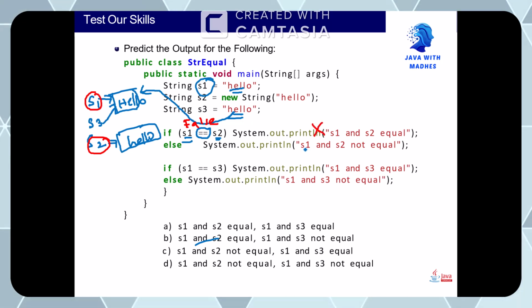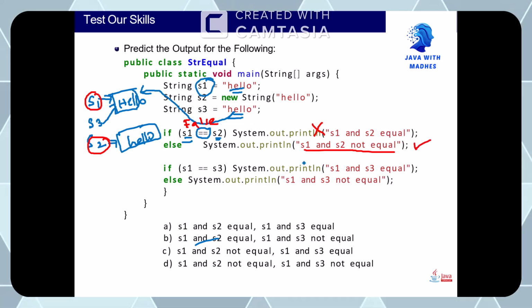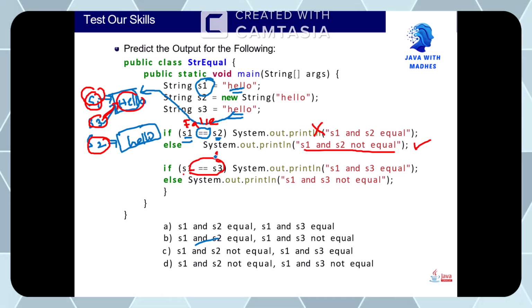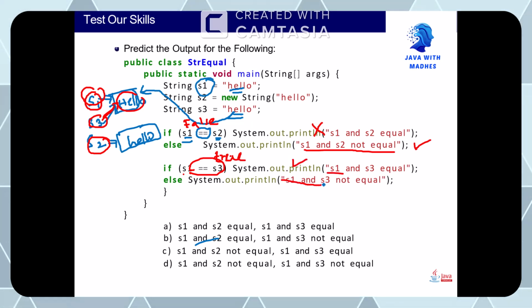Only the else statement will get executed, so we print "s1 and s2 are not equal". Then the next statement checks s1 equal to s3. Both are pointing to the same content, so this becomes true. You are executing this line, and the other line is not executed at all. So option C is the right answer: s1 and s2 are not equal, s1 and s3 are equal.